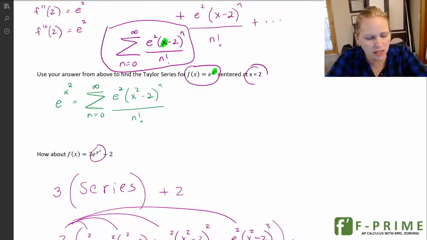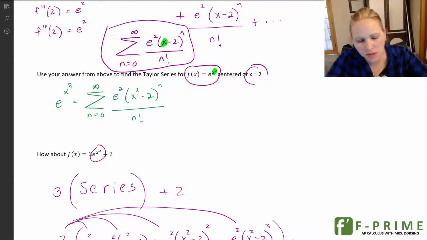But if you can recognize these as some of your really common Taylor series and Maclaurin series, you can reconstruct a series for a similar function quite easily by just replacing the x with, in this case, x squared. You can also construct a series for a function if you know the series for e to the x, and then you can make e to the x squared. You can make a series for 3 times e to the x squared plus 2 by simply multiplying the series by 3 and adding 2.